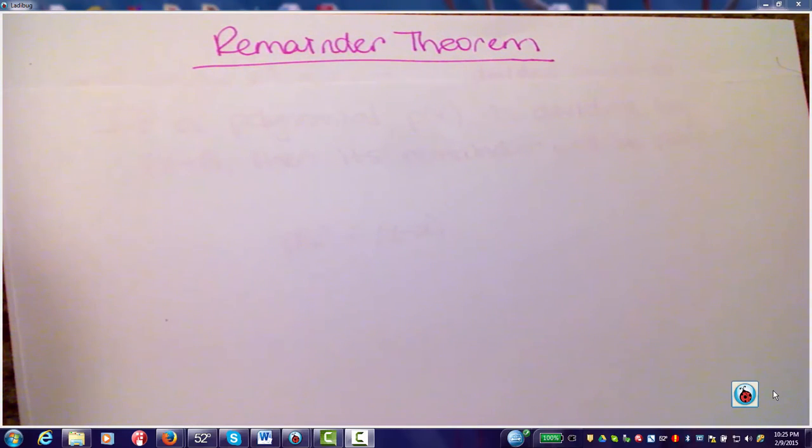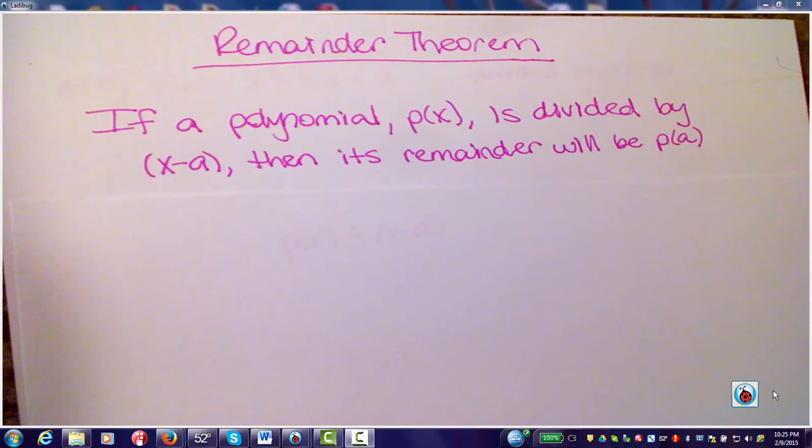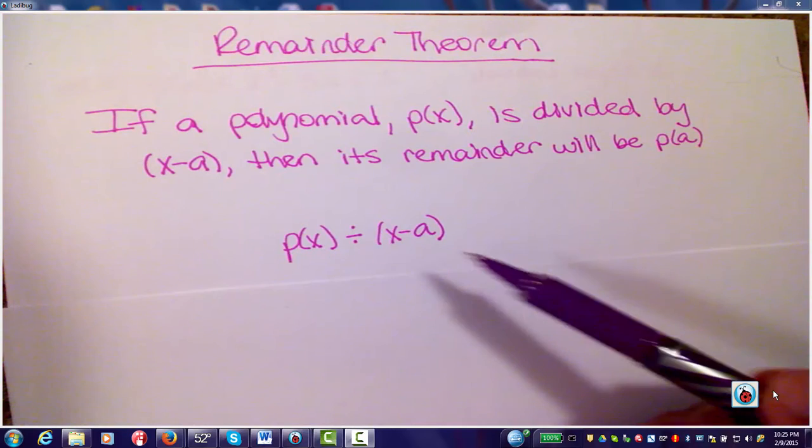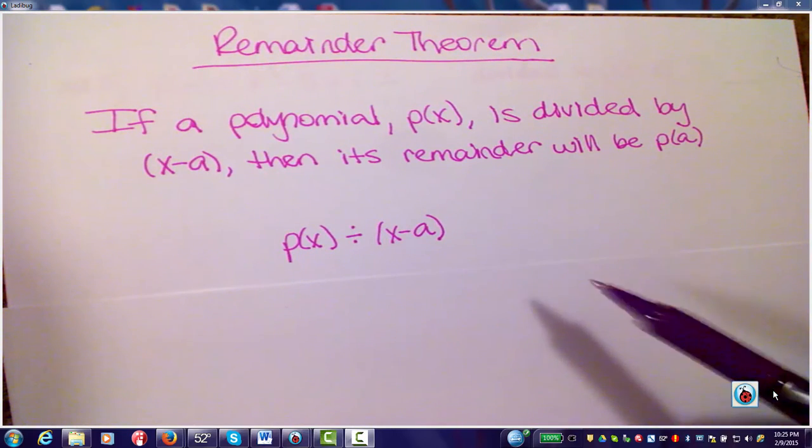So to start off, the remainder theorem says that if a polynomial p of x is divided by the quantity x minus a, then its remainder will be p of a. So let's take a look at this. We'll have a polynomial p of x divided by some quantity x minus a.